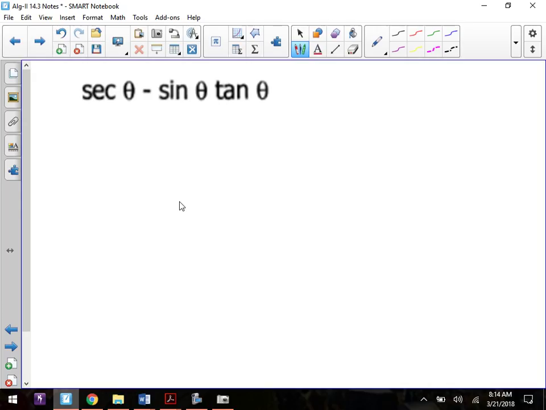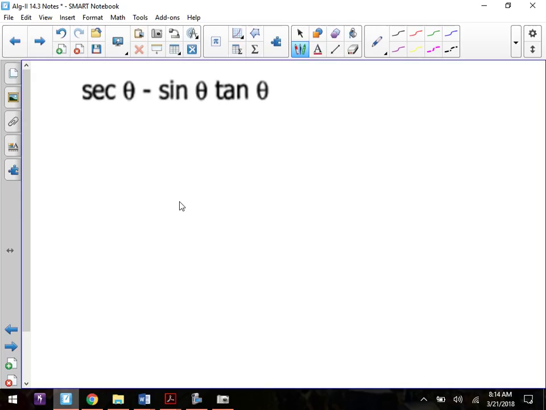Notice again, you've got a reciprocal property, a sine, and a tangent. Which means I should probably rewrite everything in terms of sines and cosines.